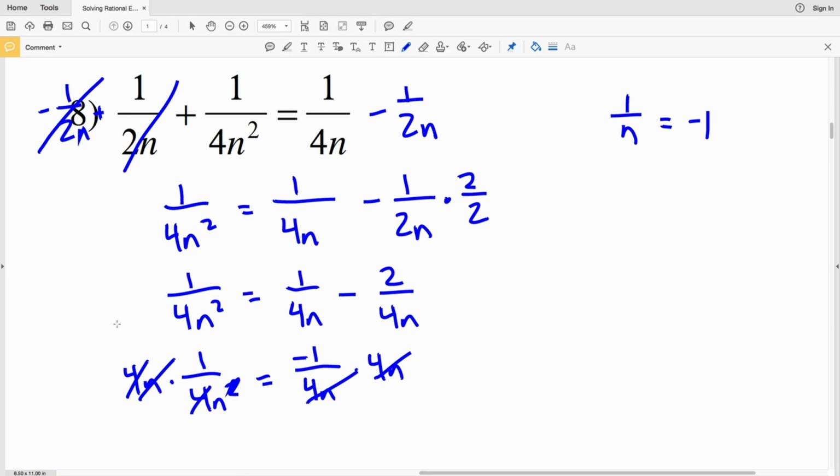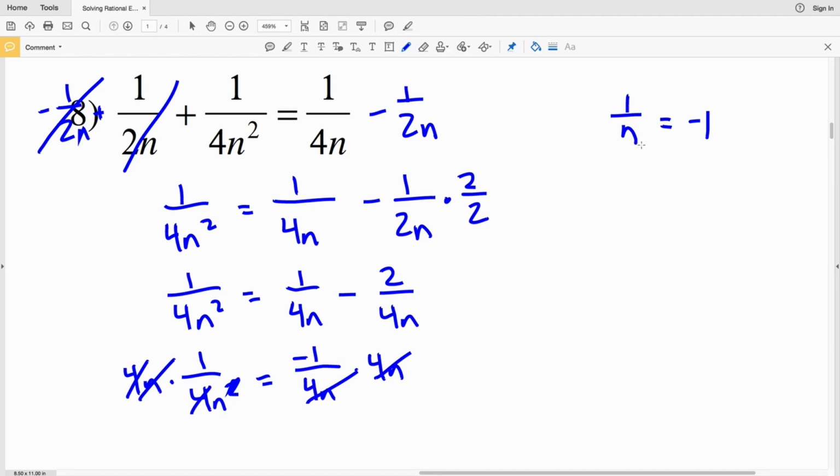If you need to write it out, think of it this way. 4n times 1 over 4n squared is the same as 4n times 1 over 4n times n. Then you can see that the 4n's will cancel out, leaving you with 1 over n. So feel free to write it out if you're still not completely comfortable with exponents.